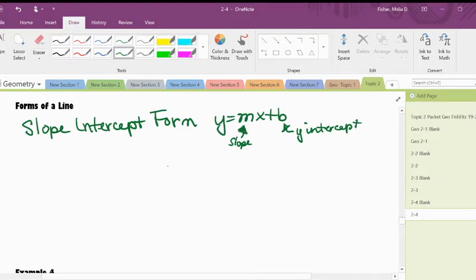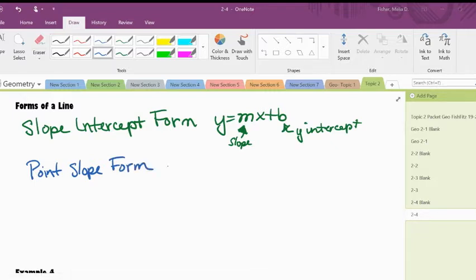The second form of a line that you should be able to remember and use is point-slope form. You should have learned this last year in algebra. y minus y1 equals m times the quantity x minus x1.